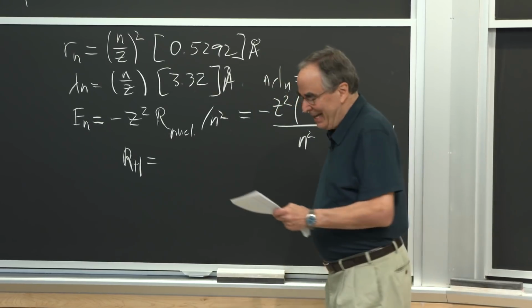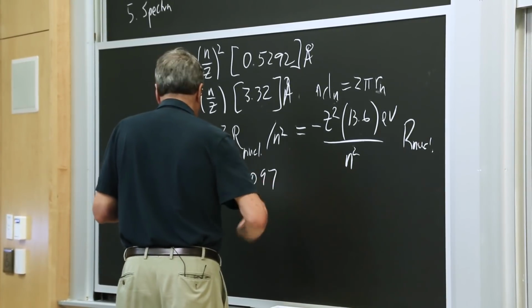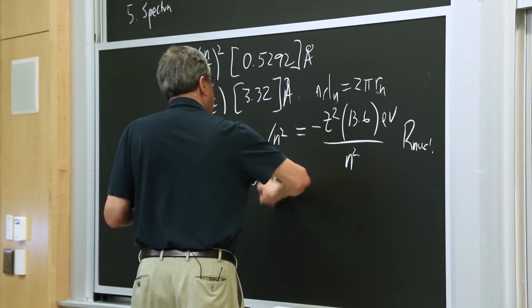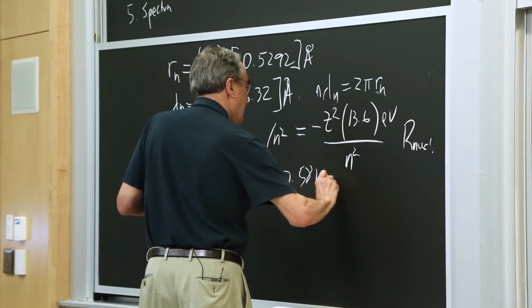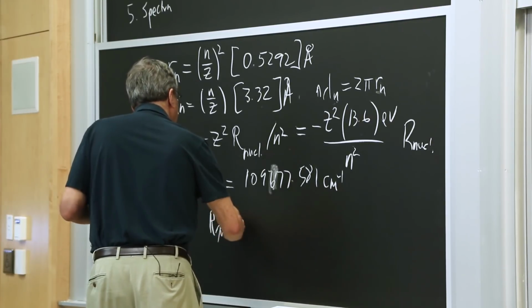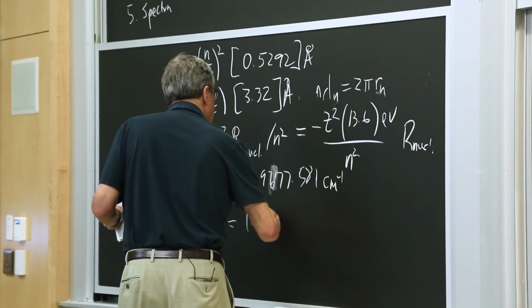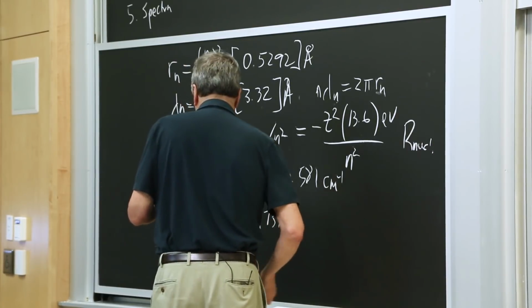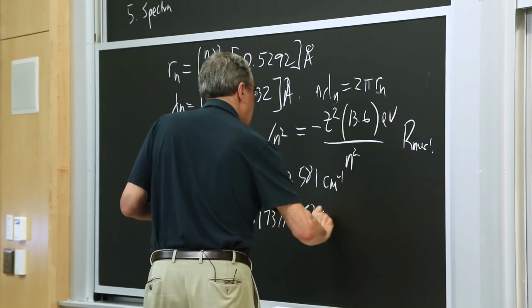For hydrogen, it's 109,677.581 reciprocal centimeters. For something with an infinite mass nucleus, it's 109,737.31534 reciprocal centimeters.